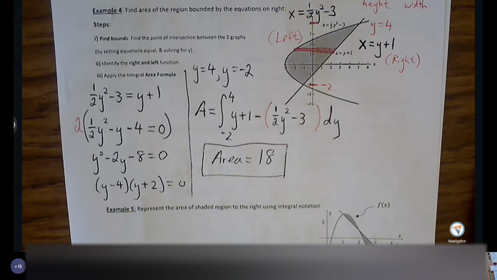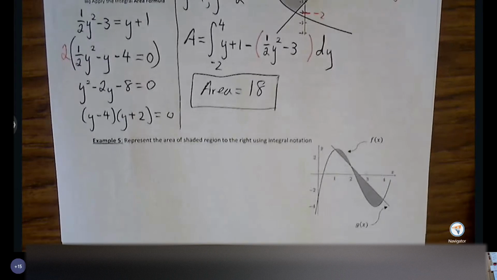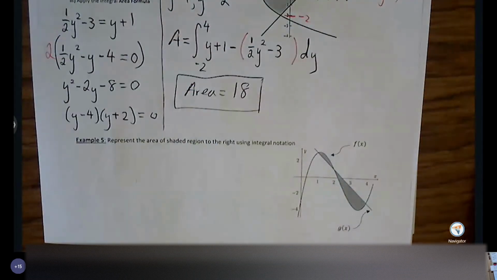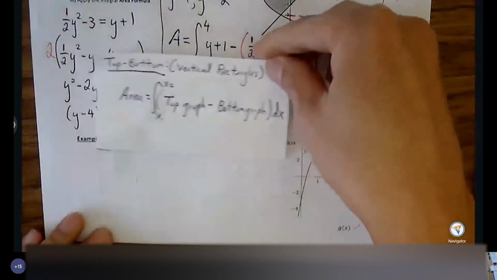Okay, one final example, example 5. It says, represent the area of the shaded region to the right using integral notation. These are both functions. So we're going to be able to use the top minus bottom orientation, vertical rectangles. But what do you notice about the shaded region and about the top and bottom function?